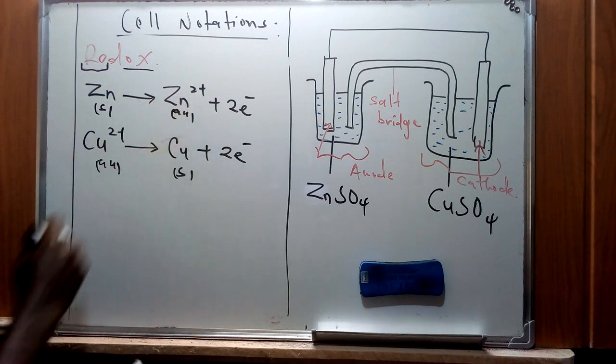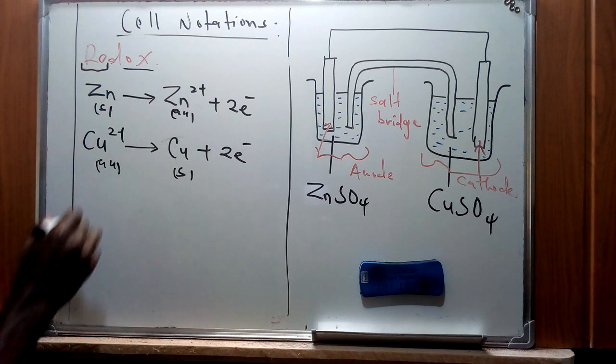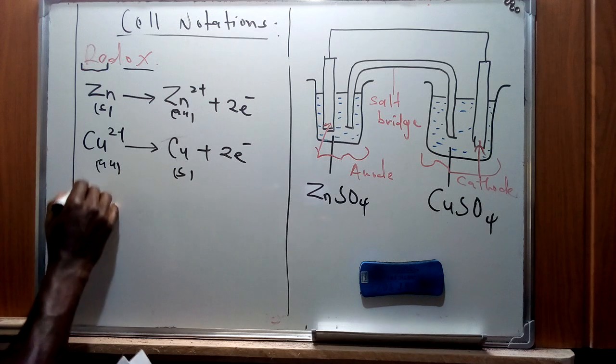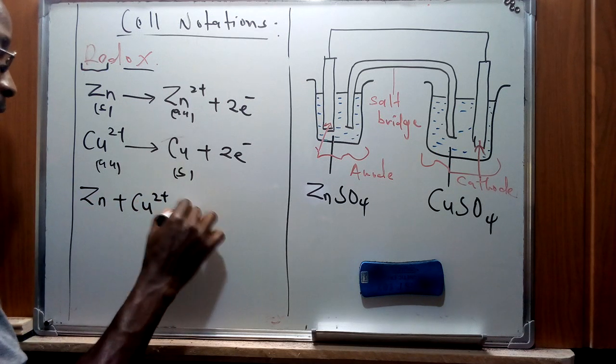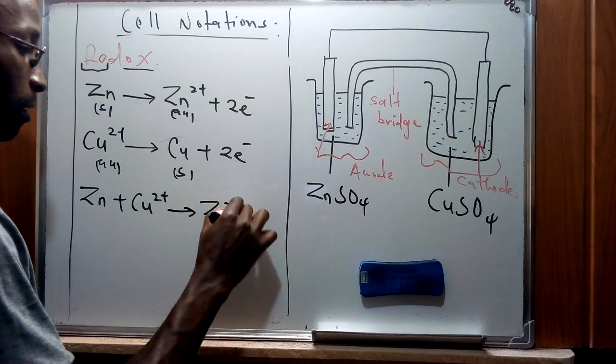This general reaction can be represented as zinc plus copper ions forming zinc ions plus copper.